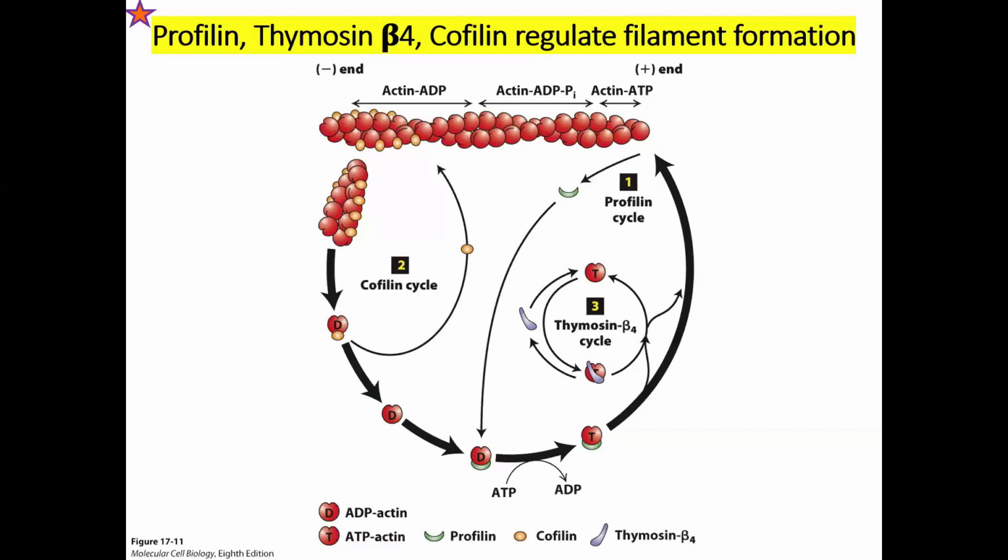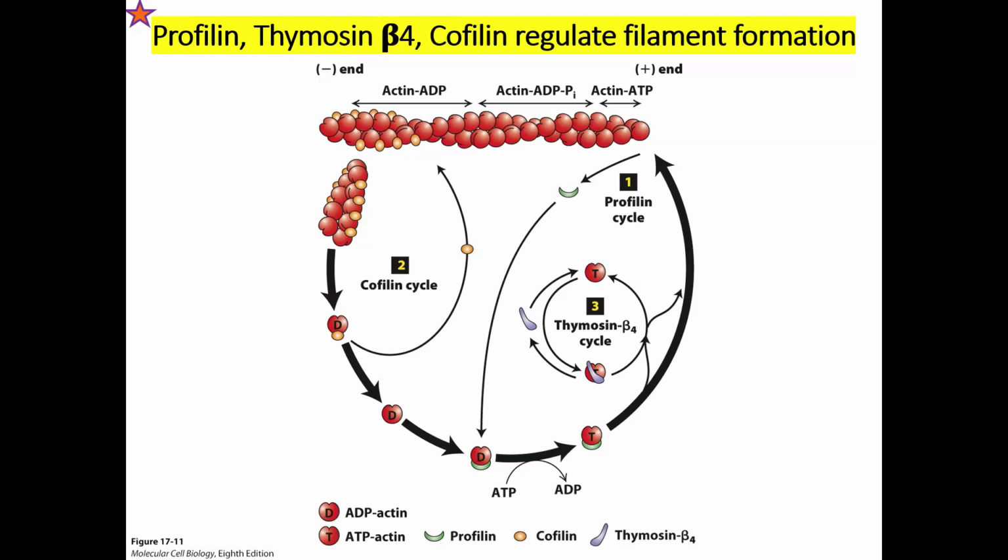So what it means, think about that, you have the pool of ATP actin in the cell, and it will sequester that, so these ATP actins are not available to go to this end, and that will essentially stop the filamentation process. So let's think of it in a micromolar way. We already talked about that.